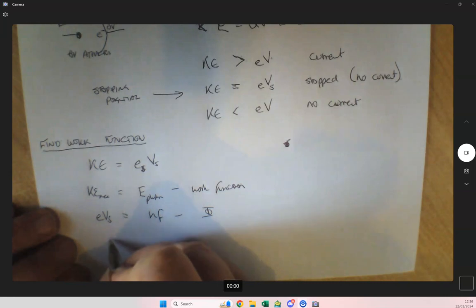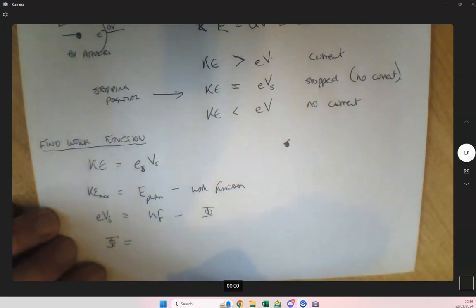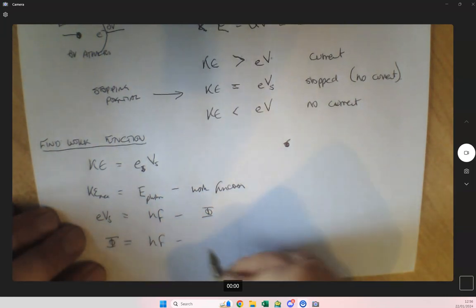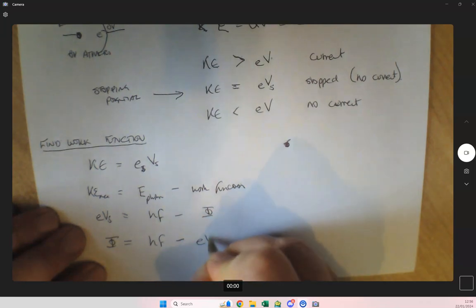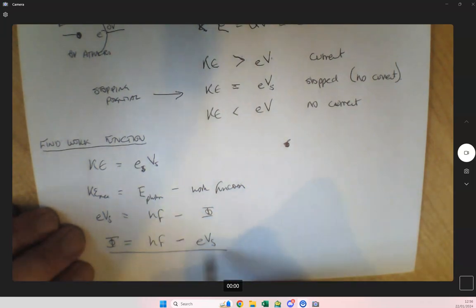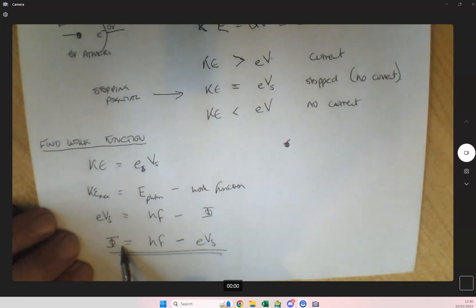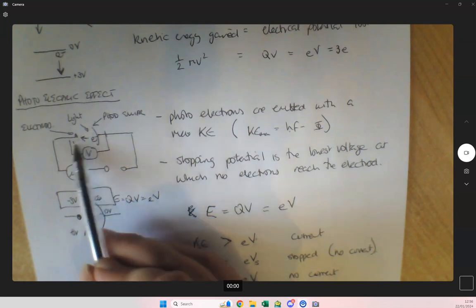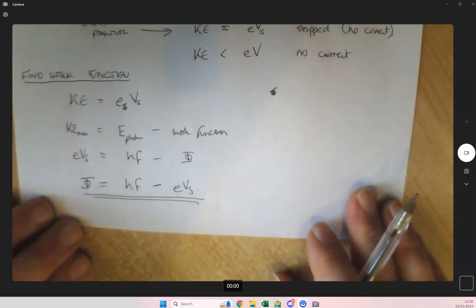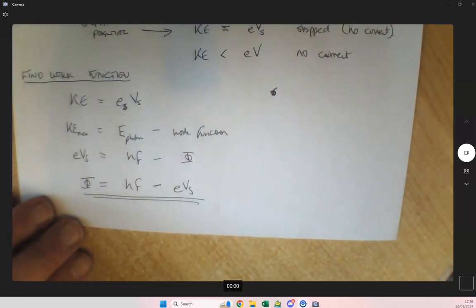If I just rearrange this, I can then, by using this experiment, find that hf minus eVs is equal to the work function. By measuring or knowing the frequency of the incident light source, by knowing the voltage actually across here, at which point the current stopped. Hopefully that makes sense. Thank you very much.